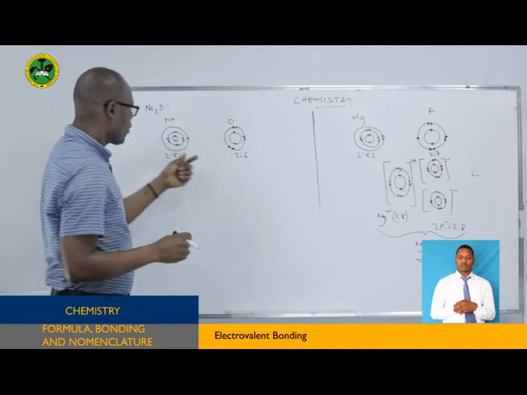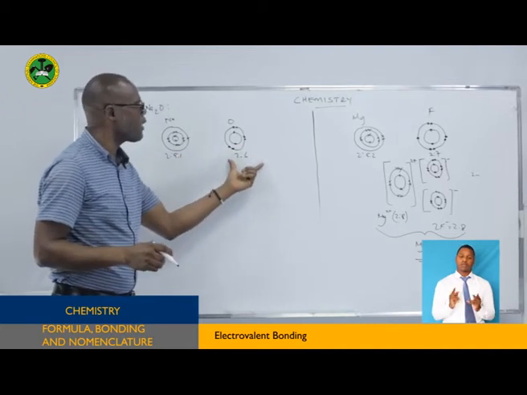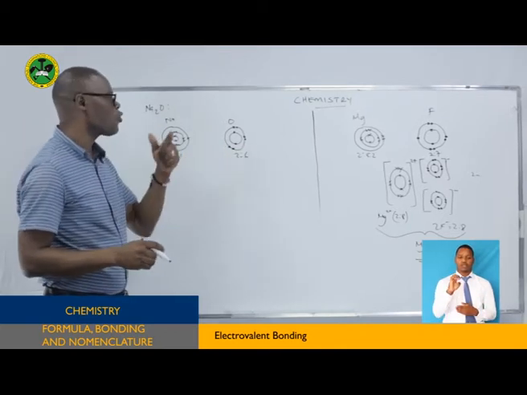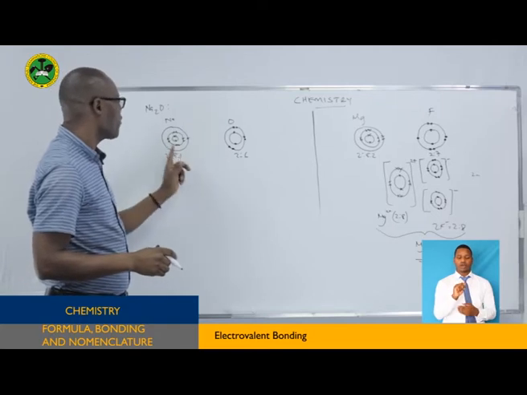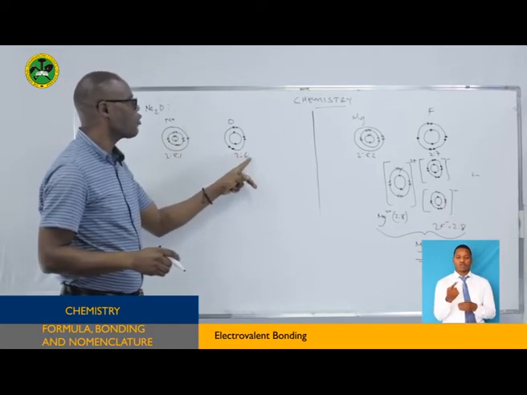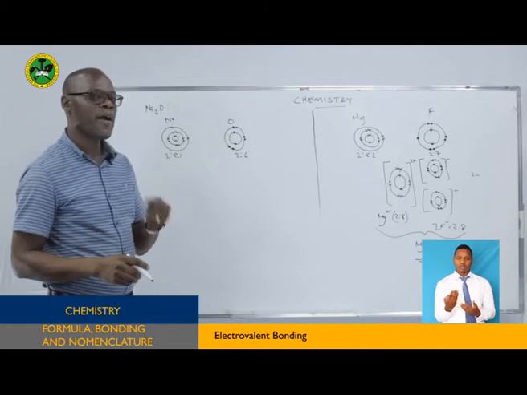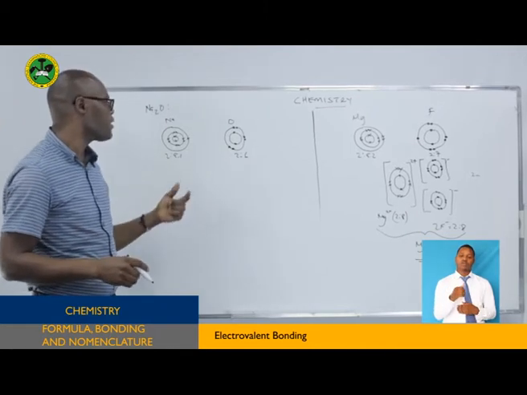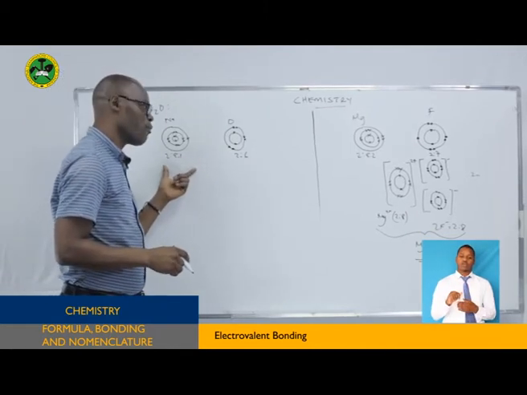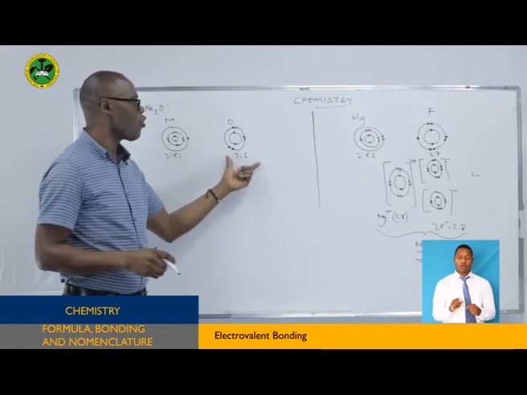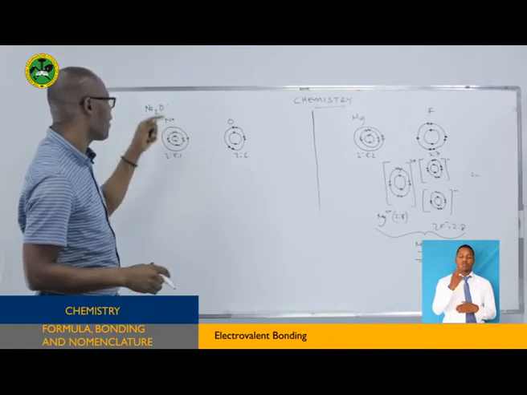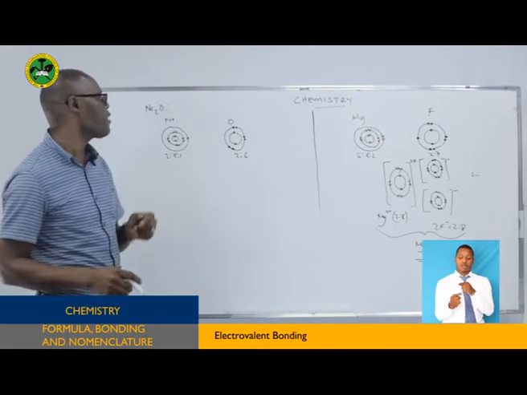Now if oxygen requires 2 electrons and sodium can only give 1, then if this sodium loses this 1 electron and gives it to this oxygen, then oxygen will still require an electron. What that means, students, is that we must have 2 sodium atoms to combine with 1 oxygen atom, just like you can see in the formula. 2 sodium atoms for every oxygen.